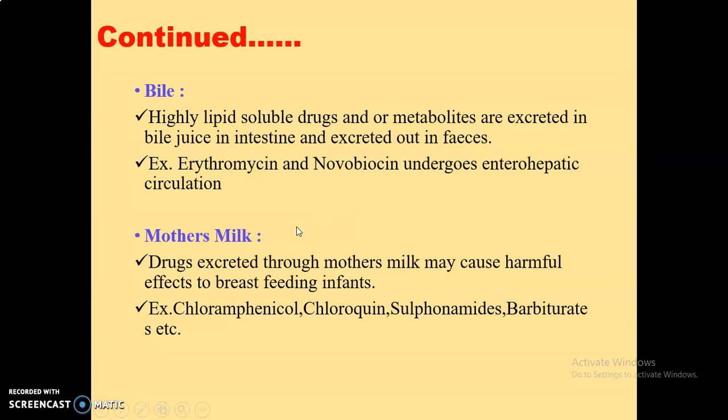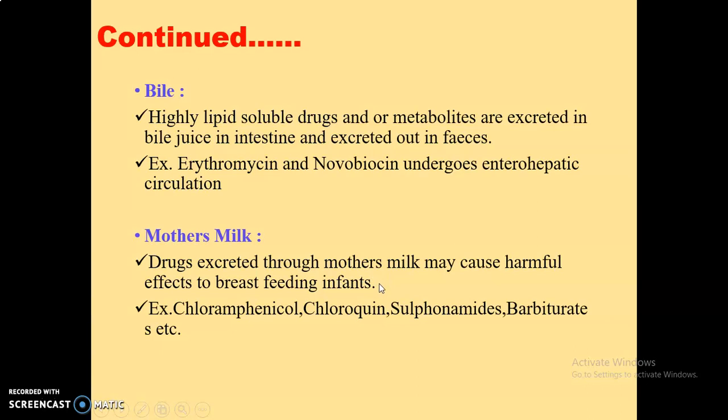Mother's milk. Excretion of a drug in mother's milk is not important for the mother, but should be considered in the case of a suckling baby, that is, a feeding baby. Drugs excreted through mother's milk may cause harmful effects to breastfeeding infants as they fully depend upon the mother's milk.